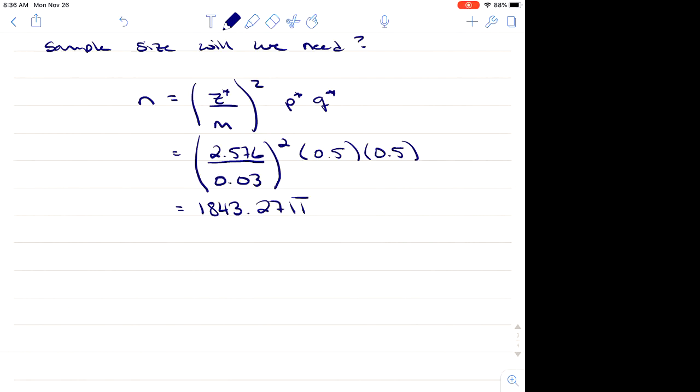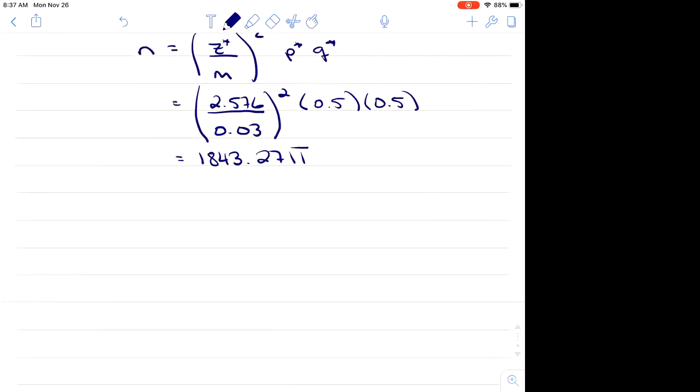And so we have to round up. So even though technically we should be rounding down to the whole number, right? But because we need to have at least this sample size, we have to round up to the whole number. Okay?